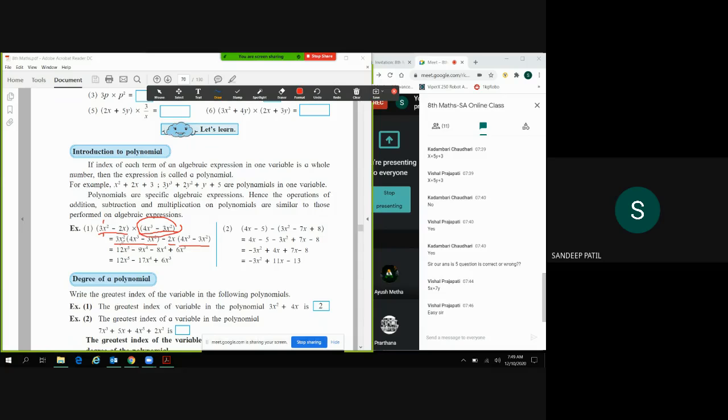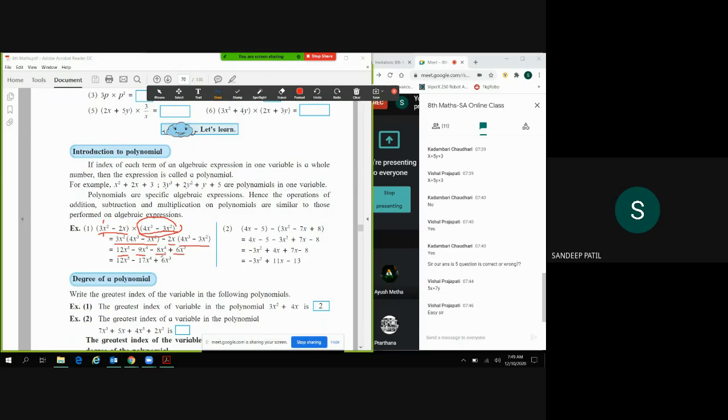So in this way, 3x square into 4x cube becomes 12x raised to 5, minus 3x square into 3x square becomes minus 9x raised to 4, minus 2x into 4x cube becomes minus 8x raised to 4. Then minus 2x into minus 3x square becomes 6x cube.